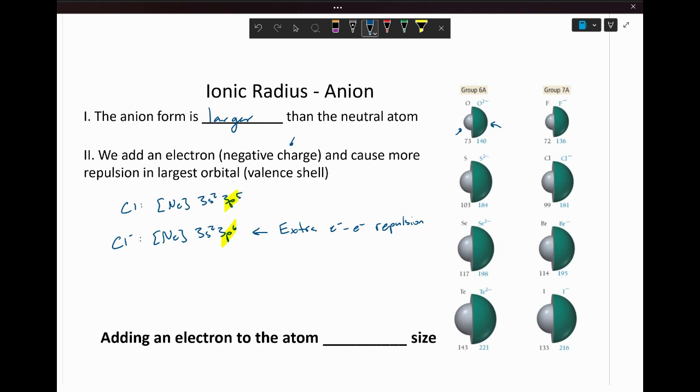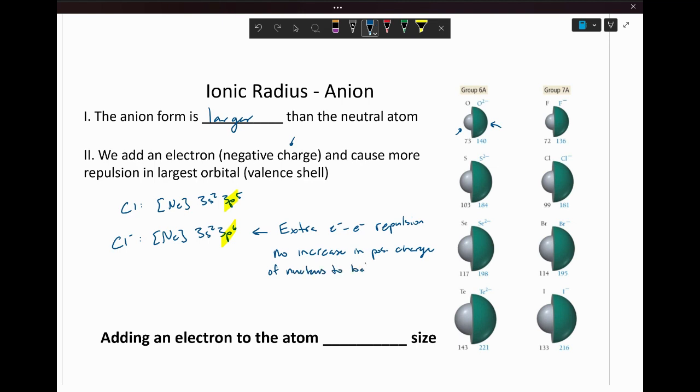The reason, as when we looked at going across a row with neutral elements, is that we have no increase in positive charge of the nucleus to valence.